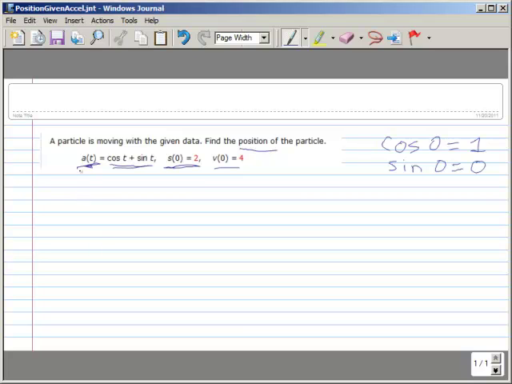Now, working through the problem, remember that velocity is the antiderivative of the acceleration function. So we can find the velocity function by taking the antiderivative of the acceleration function, and let's do that first.